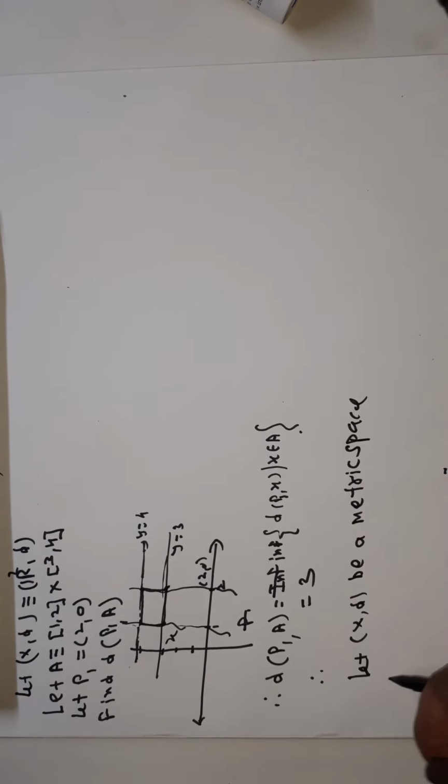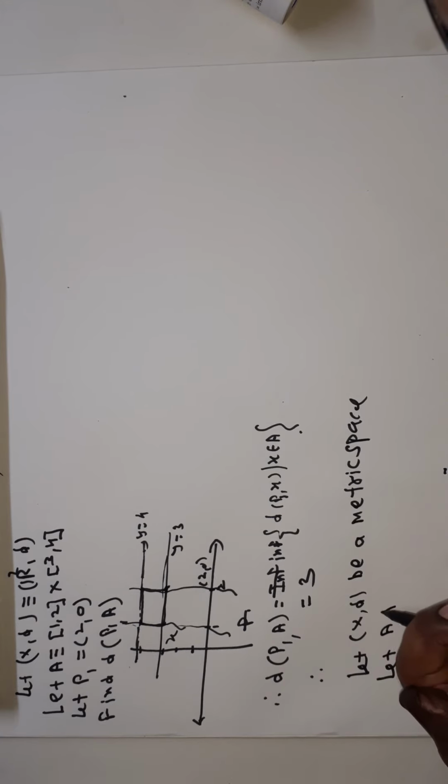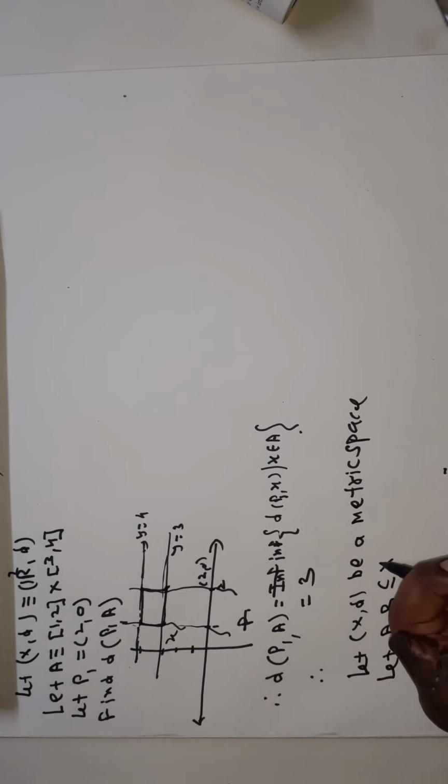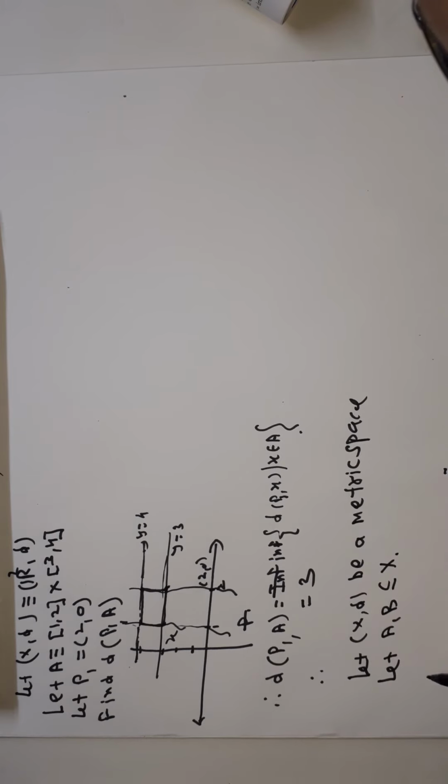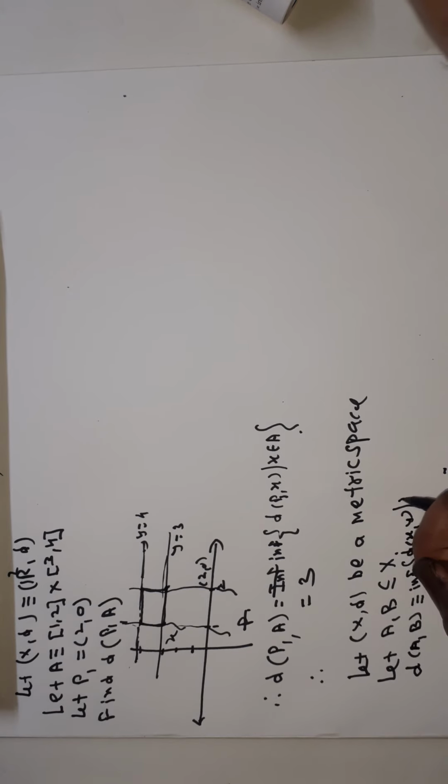Let A and B be subsets of X. Now the distance between the set A and B is equal to the infimum of the set of distances d(x, y), such that x belongs to A and y belongs to B.